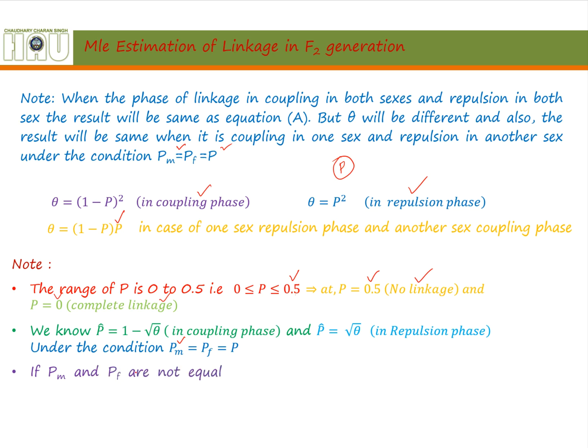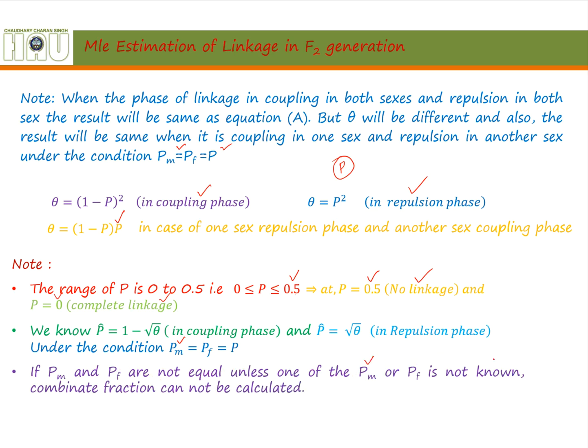So if PM and PF are not equal, unless one of PM or PF is known, the recombinant fraction cannot be calculated. So these are a few points you should keep in mind when you are estimating the linkage in coupling or repulsion phase.